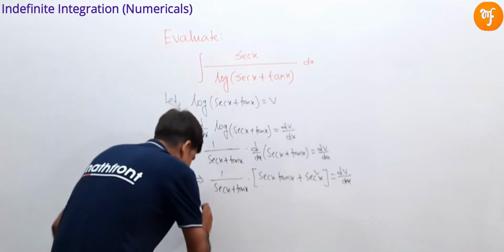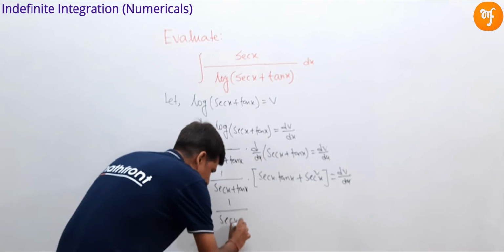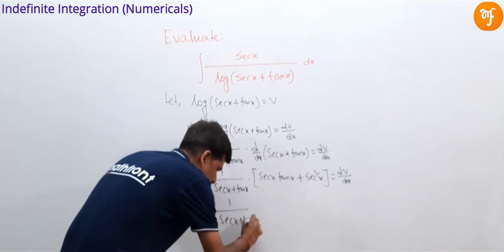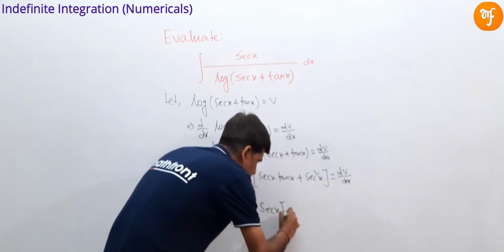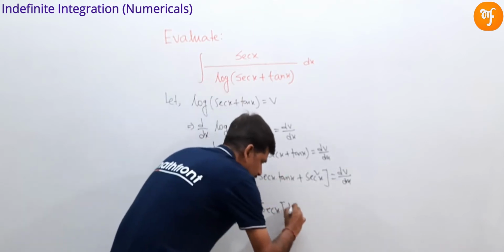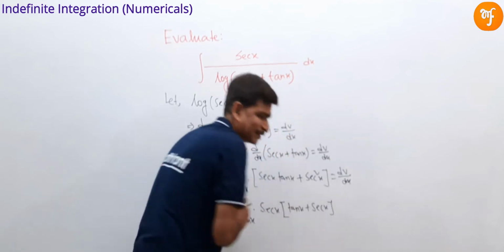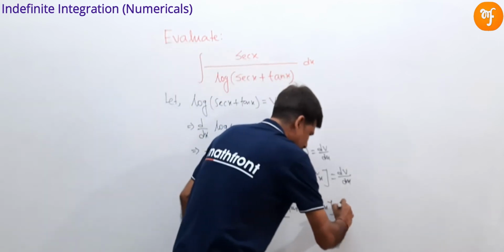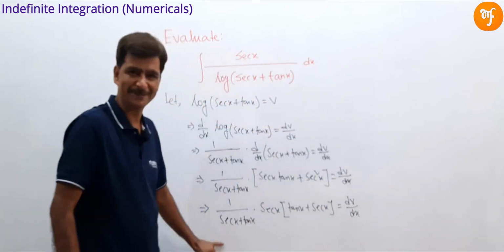So, writing in the next step, it is 1 divided by (sec x plus tan x) into, taking sec x common, we get (tan x plus sec x) inside the bracket, which is equal to dv/dx.